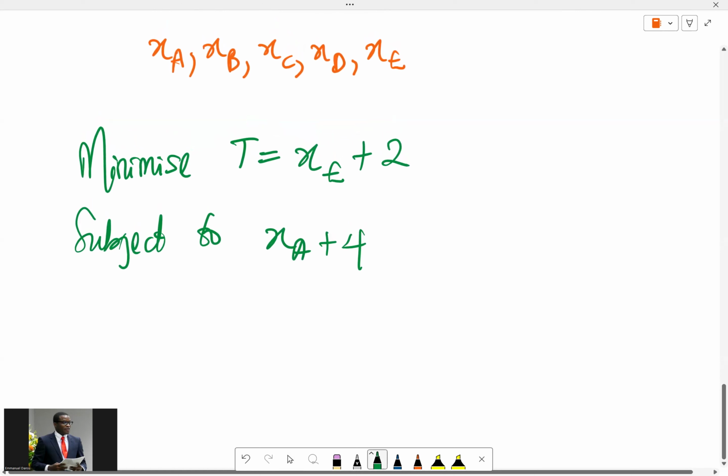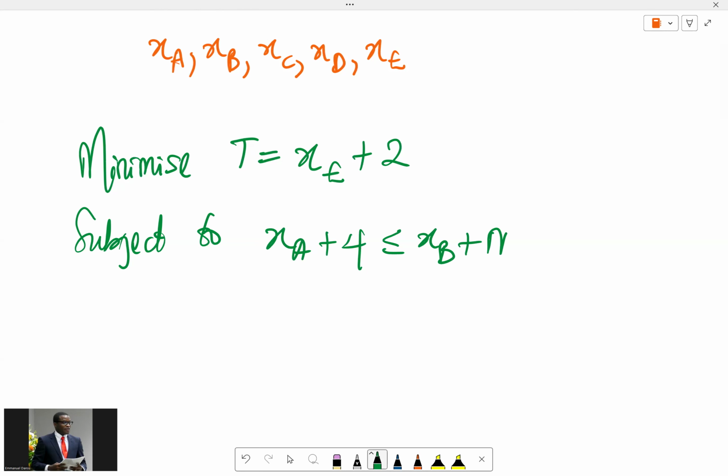So the start time plus 4 days should be less than or equal to the start time of task B plus a particular M. Okay? Again, the start time for task A plus 4 days should also be less than or equal to the start time for task C plus M again.